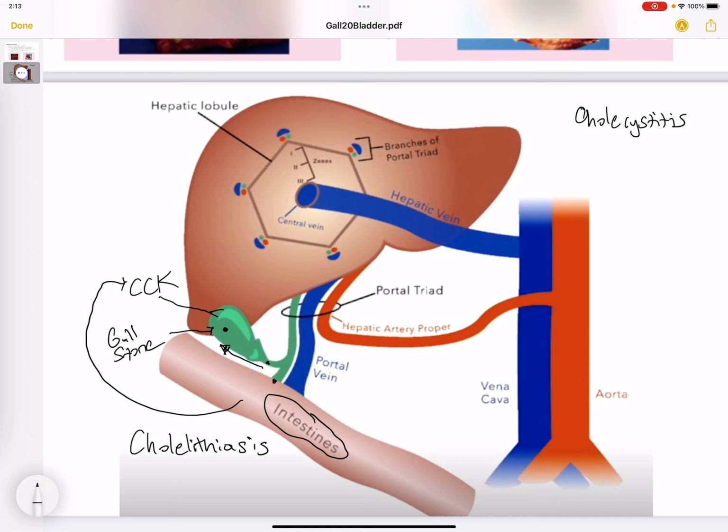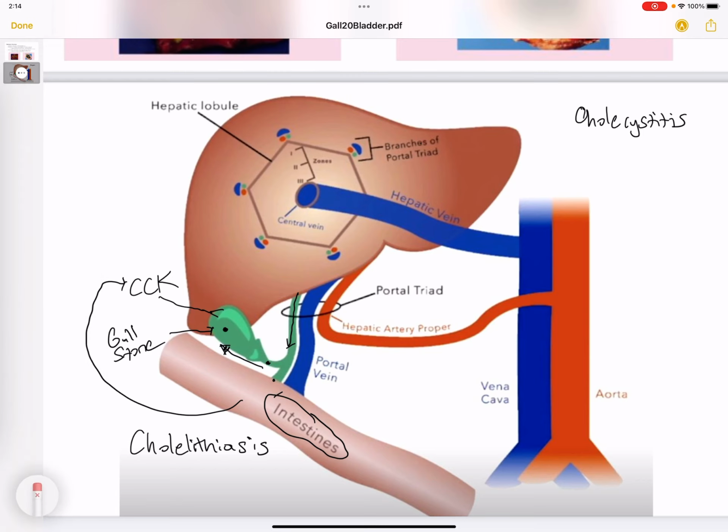Now, remember, the flow of bile is from the liver and is going to travel to the intestines. So if the stone is in our cystic duct, then bile can still flow to the intestines, right? So there's not going to be a backflow of the bile.